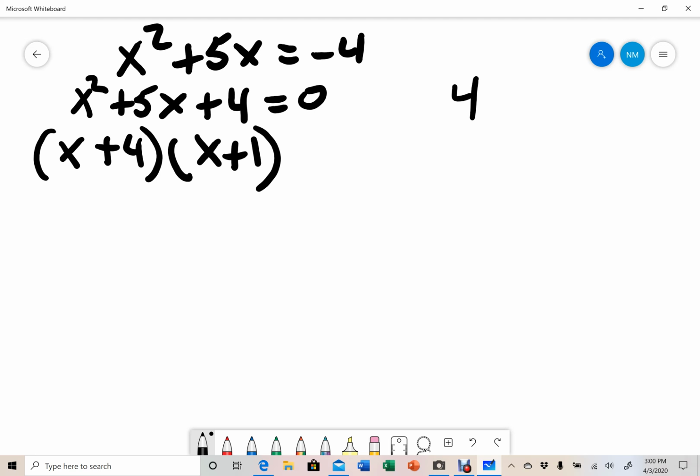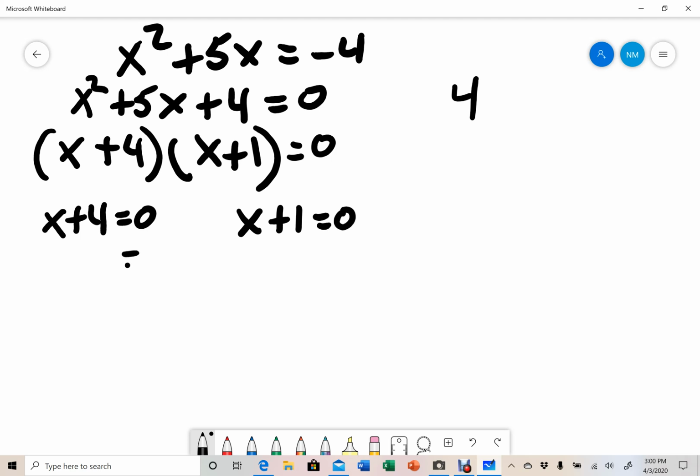Okay, so those are my factors there. Now I'm going to take each one of these and apply the 0 property. So I'm going to make each of these equal 0. So x plus 4 equals 0 and x plus 1 equals 0. And then I solve for x in both.